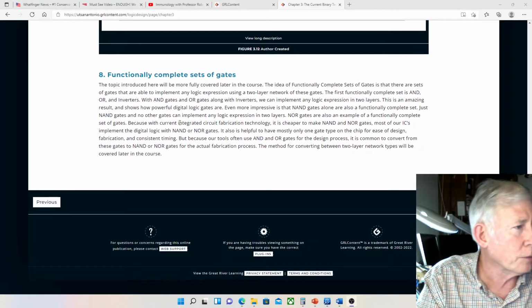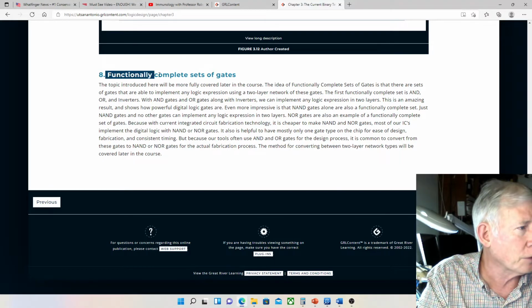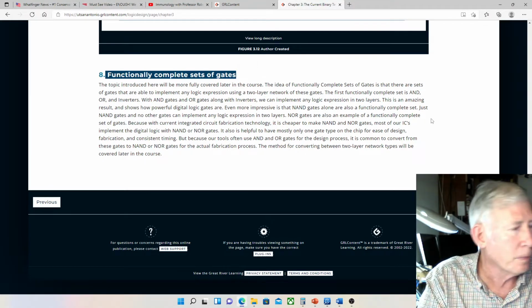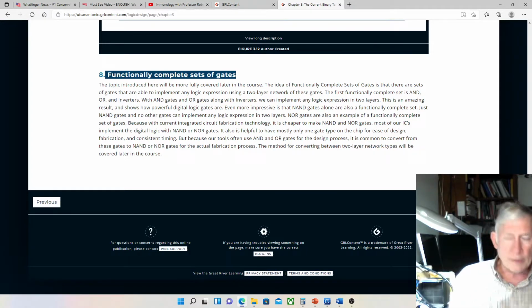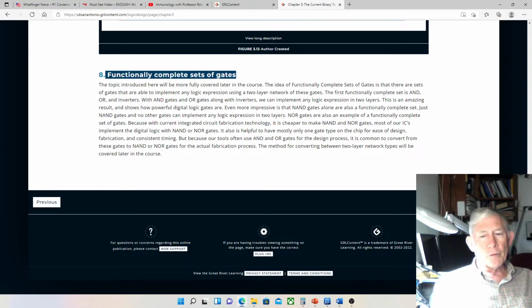The one more concept I wanted to talk about was this concept of a functionally complete set of gates. What that means is that if I have any logic expression, if I have a functionally complete set of gates, I can implement it with those gates, any logic function. So what are the functionally complete sets?